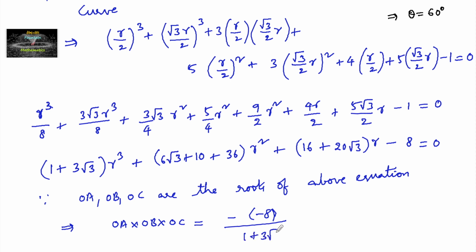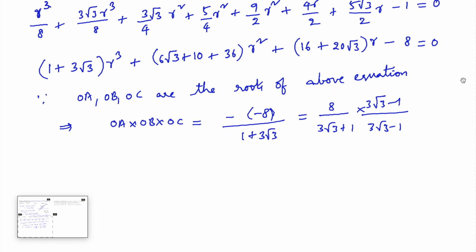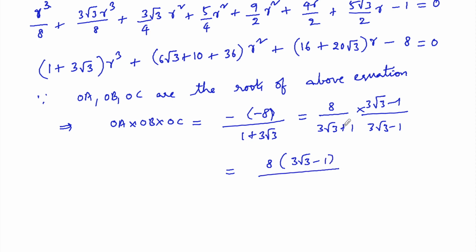So 1 plus 3 root 3. So which implies here 8 divided by 3 root 3 plus 1, we are doing rationalization. 3 root 3 minus 1 divided by 3 root 3 minus 1. So which equals 8 times of 3 root 3 minus 1 upon 3 root 3 into 3 root 3, that comes 27 minus 1, so that is 26.